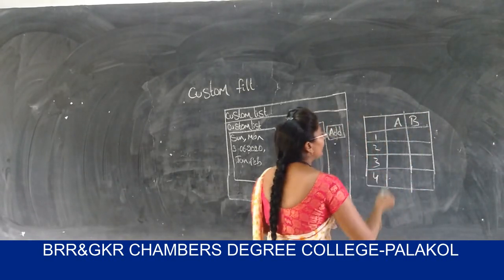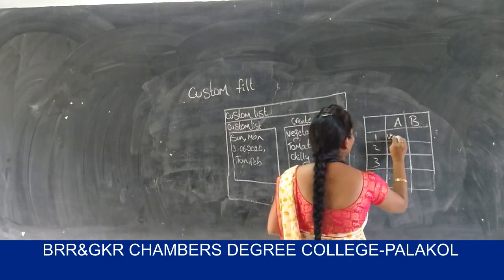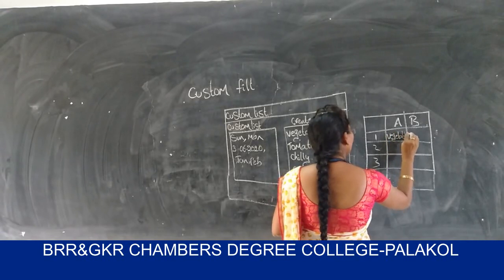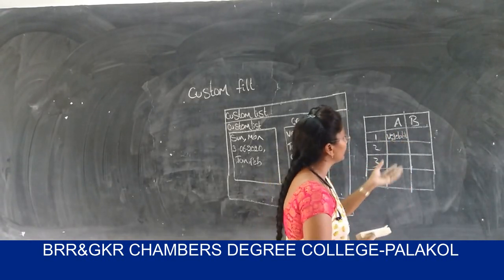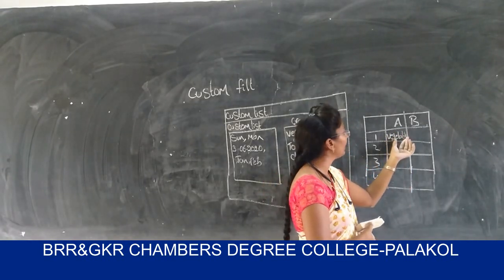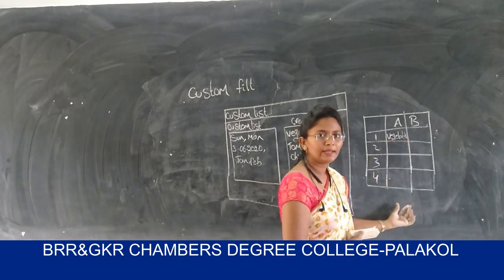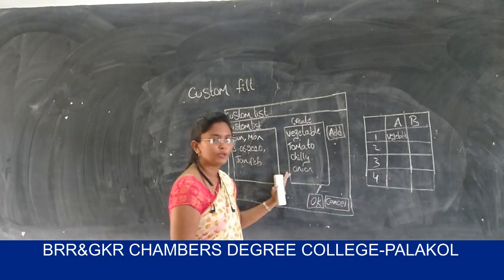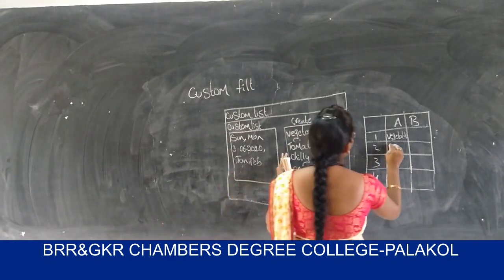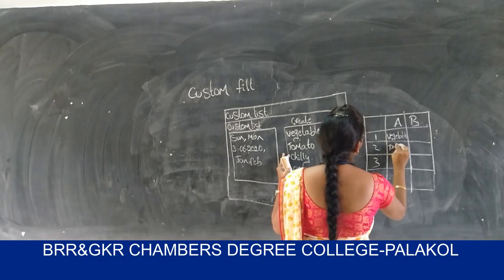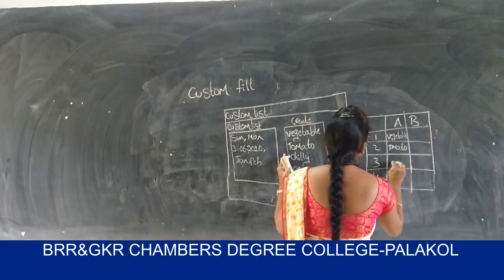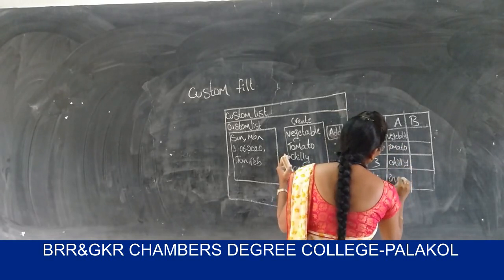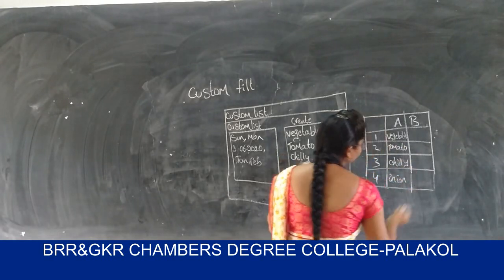If I write vegetable in the A1 cell, after completing the typing, select this cell and drag towards the downward direction. Then automatically this list will appear here. That means after vegetable, tomato will appear, chili will appear and next onion will appear.